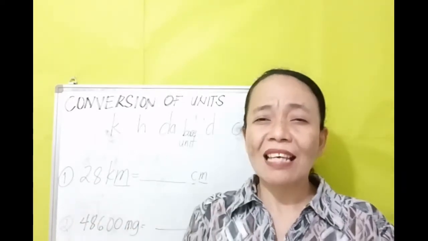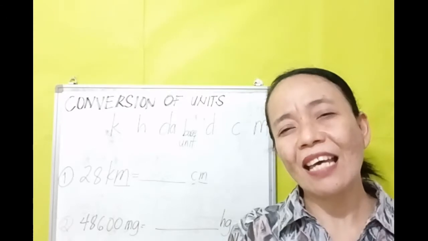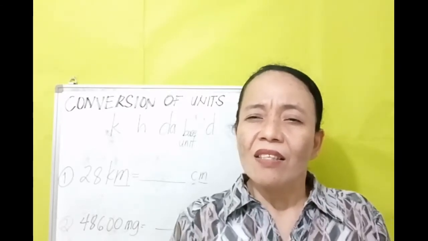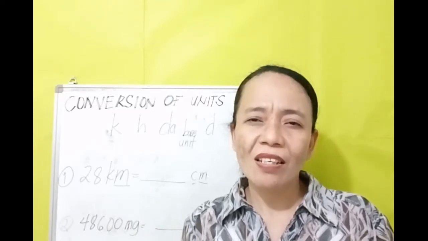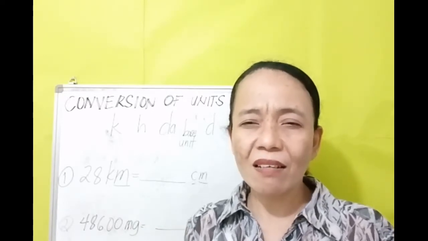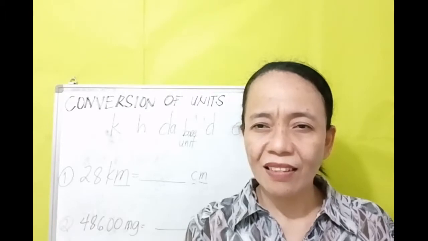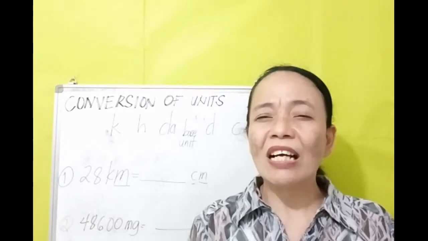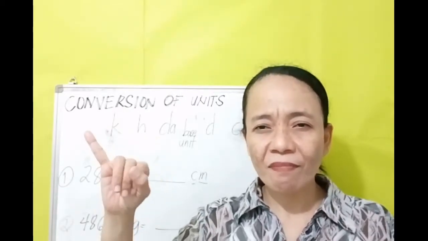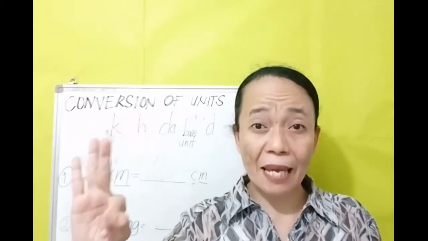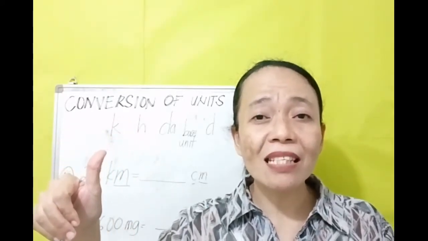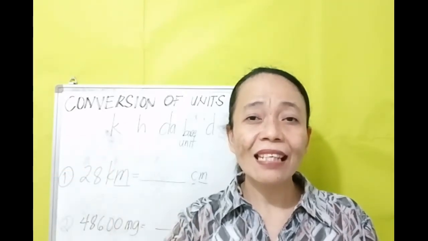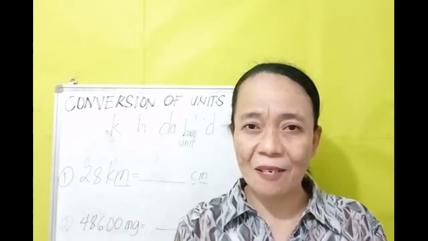So take note that in metric or the SI units, this system of units introduced the 7 basic or fundamental quantities. We have the length, mass, time, temperature, amount of substance, electric current, and the luminous intensity.